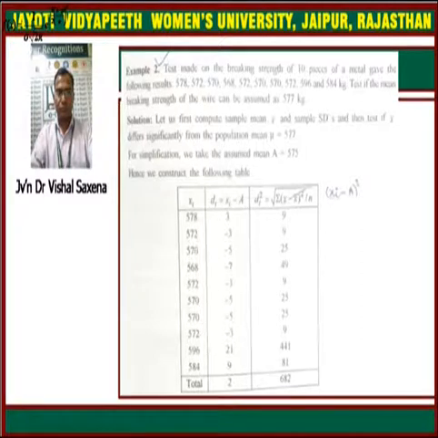For this question, first of all, let us compute the sample mean x bar and the sample standard deviation. Initially, in the null hypothesis, we can assume that the population mean mu is equal to 577 kilogram, that is, the mean breaking strength of the wire can be taken as 577 kilogram.